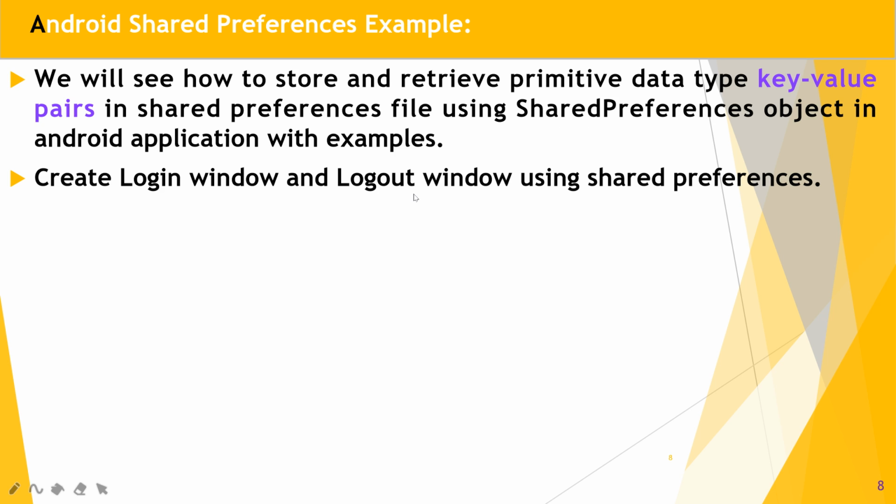Great. And move to the logout window. In the logout window, when you click on logout, the key value pairs saved in the shared preference file are erased completely and it returns to the login window. So this is our today's example.